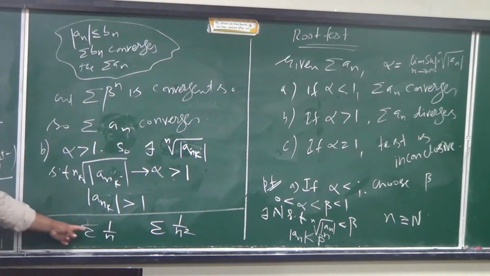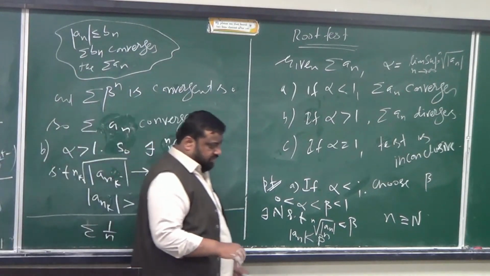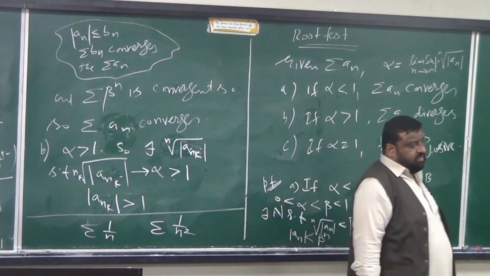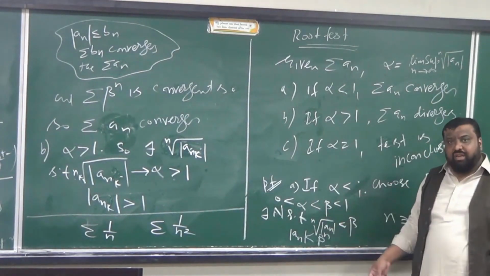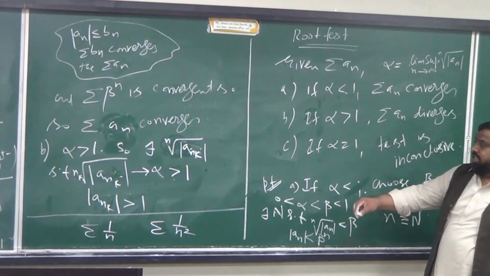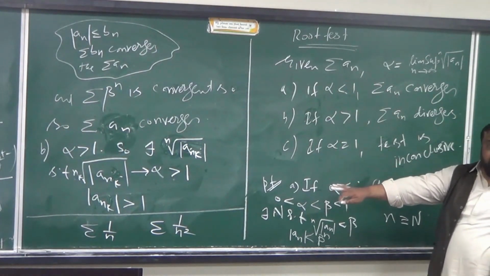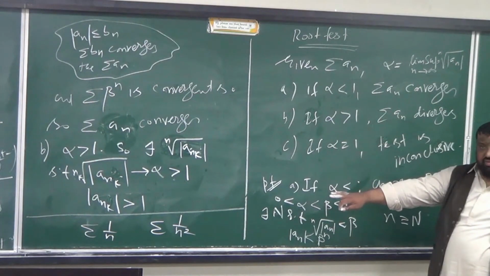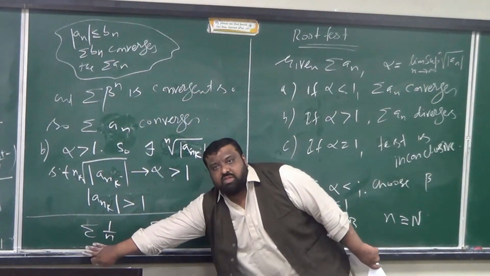So what would be the lim sup of this sequence formula? So it's going to be 1 over n itself. Now just think about it. Okay, it's going to be 1. But this diverges.